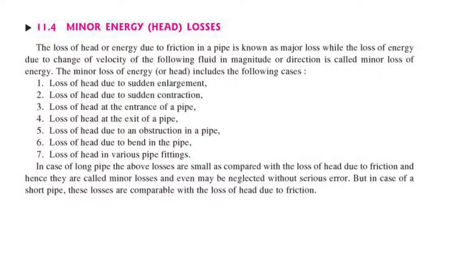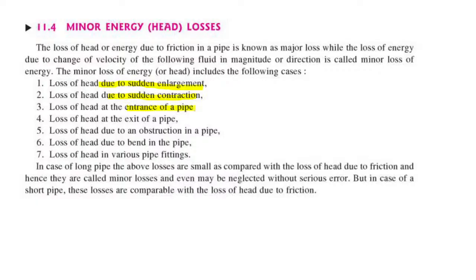So now let's jump to the next important part, which is minor energy losses. Okay, now what are minor energy losses? As we have seen previously, except for the frictional loss, the rest of the losses happen based on other factors. What are these factors? The losses due to sudden enlargement, sudden contraction, entrance in the pipe.